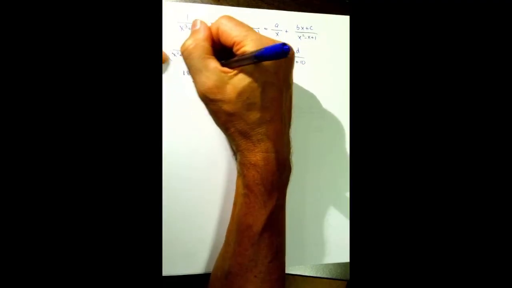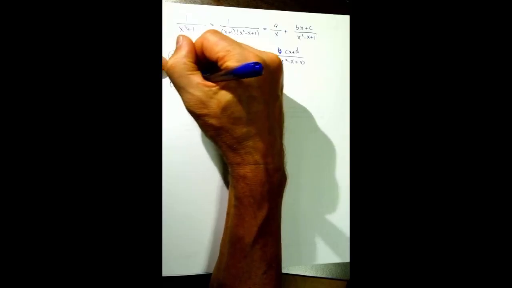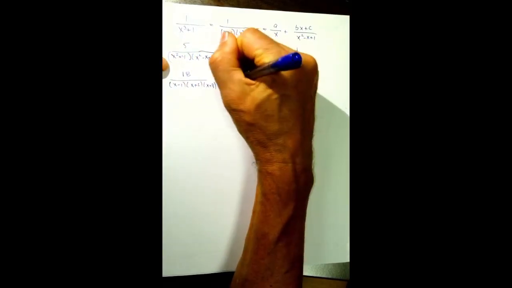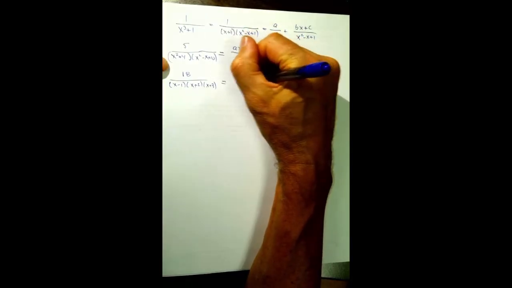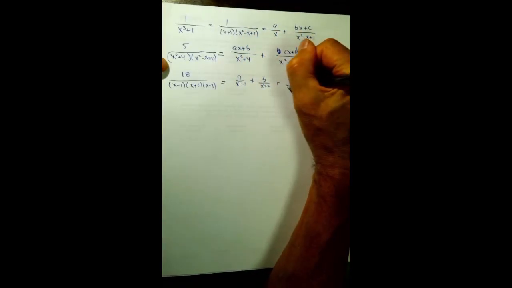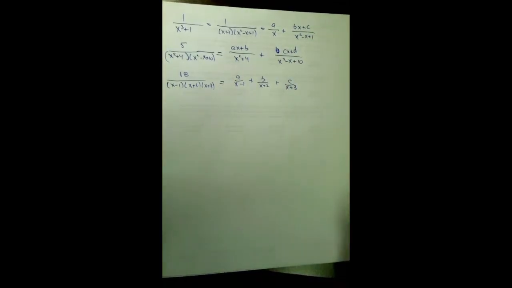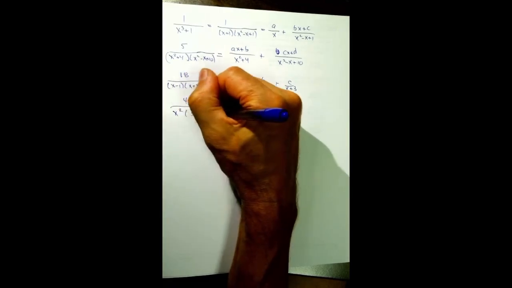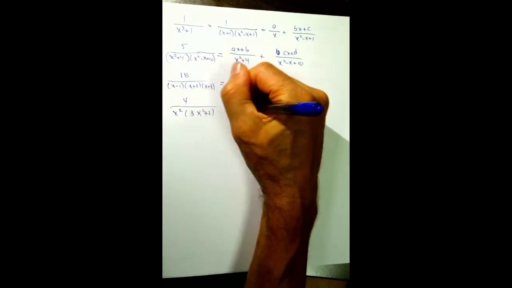If you see something that looks like 18 over x minus 1 times x plus 2 times x plus 3, you should recognize that's going to be a over x minus 1 plus b over x plus 2 plus c over x plus 3.